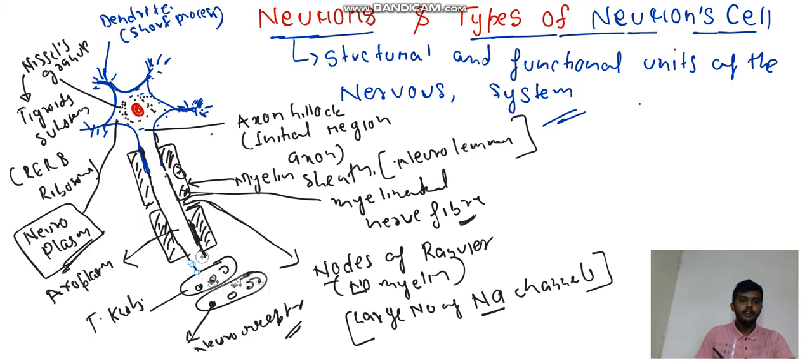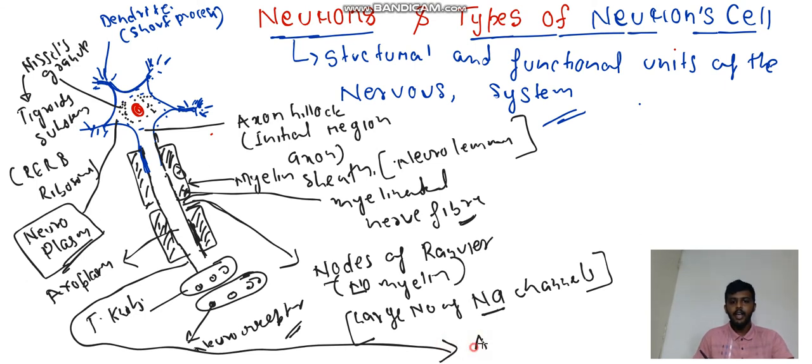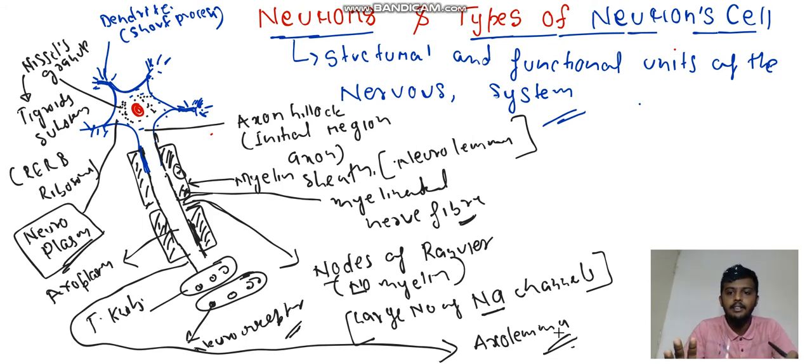Please remember, this membrane is known as the axolemma. If anybody asks where the axolemma is at the periphery: in the nerve fiber which doesn't have a myelin sheath, or the unmyelinated nerve fiber, the axolemma is at the periphery, because there is no myelin sheath. But in the myelinated nerve fiber, the axolemma is covered with the myelin sheath, or you can say neurolemma, or sheath of Schwann.